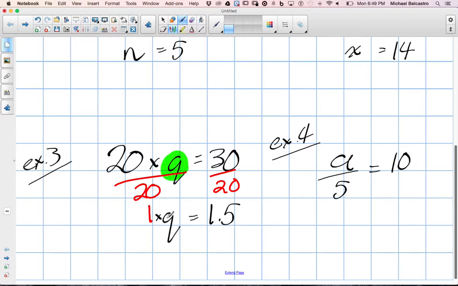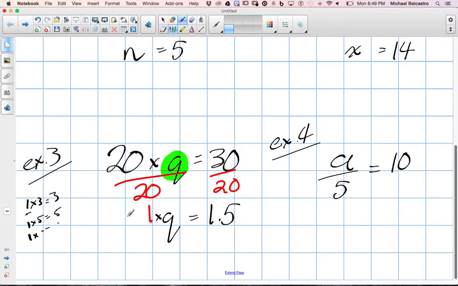So we have 1 times q. What is 1 times q? Let's think about our 1s. What's 1 times 3? 3. What's 1 times 5? 5. What's 1 times apple?